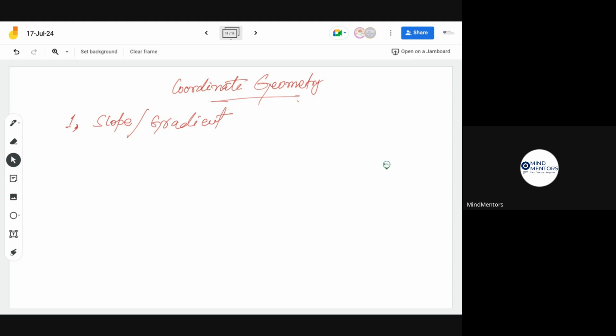And we've studied two relationships: m1 m2 equal to -1 for perpendicular lines and m1 equal to m2 for parallel lines. Second, we've also studied y equal to mx plus b. That's my straight line equation.